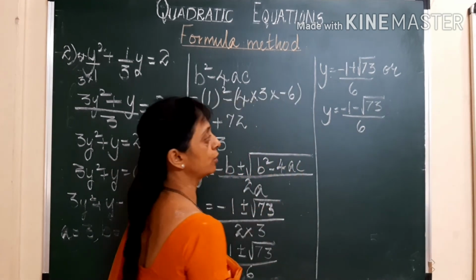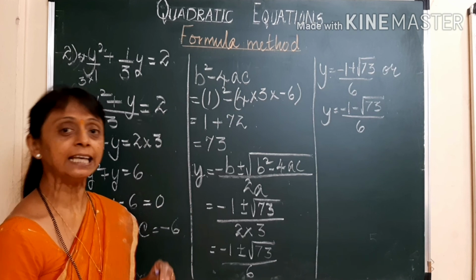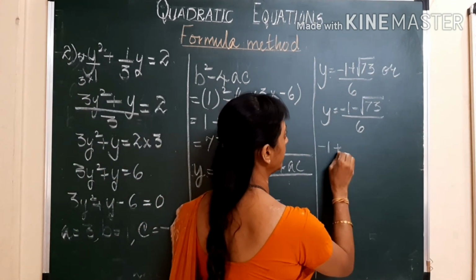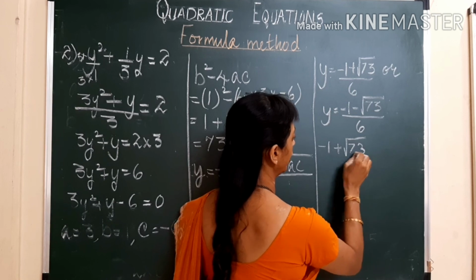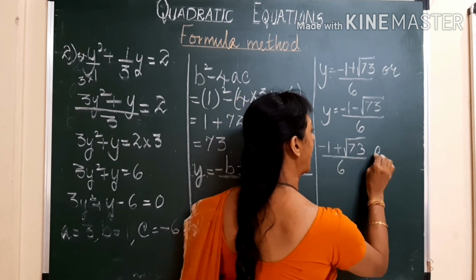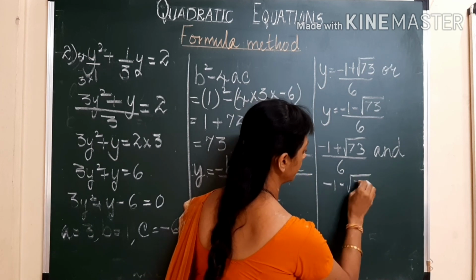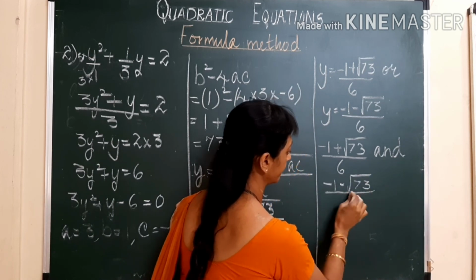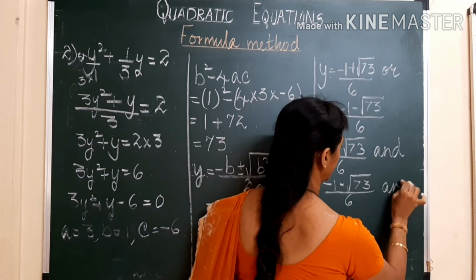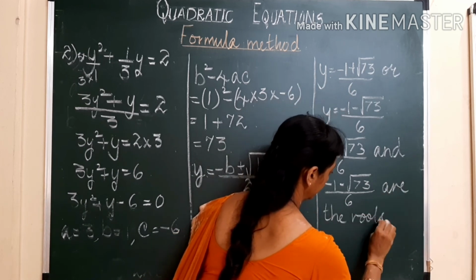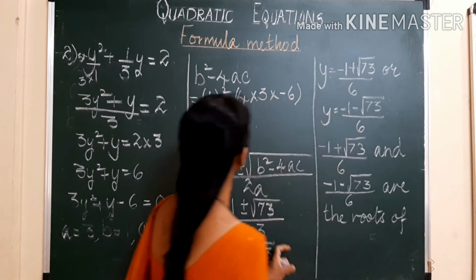will be the roots of the given quadratic equation, or in other words you can say minus 1 plus root 73 upon 6 and minus 1 minus root 73 upon 6 are the roots of which equation?